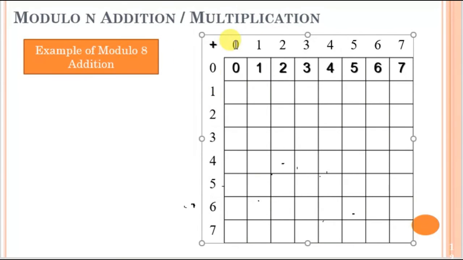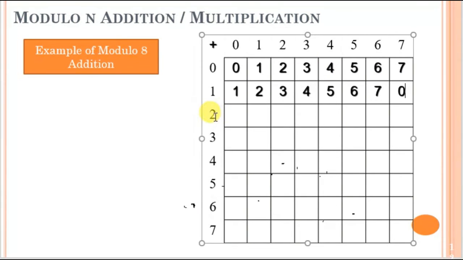Similarly, 1 plus 0 is 1, 1 plus 1 is 2, 1 plus 2 is 3, similarly 4, 5, 6, 7, and here 7 plus 1 is 8. It means 8 modulo 8, 8 divided by 8, so the remainder is 0.